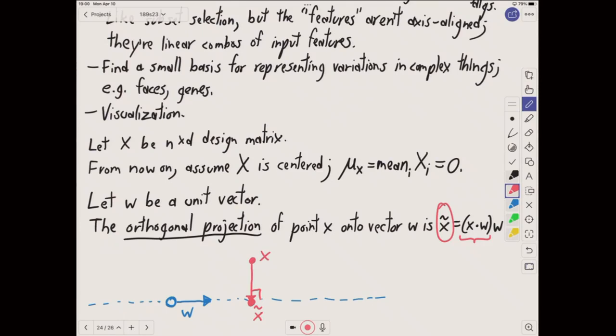So coming back to this formula, x dot w, this dot product here, that's essentially the distance from the origin to x tilde. So it's telling you how far you have to go in the direction w to arrive at the projection. So that's what that formula means.